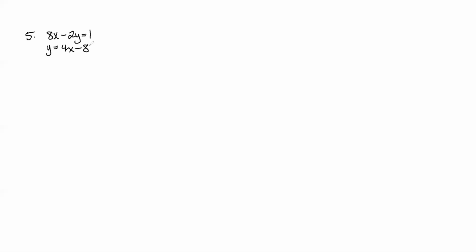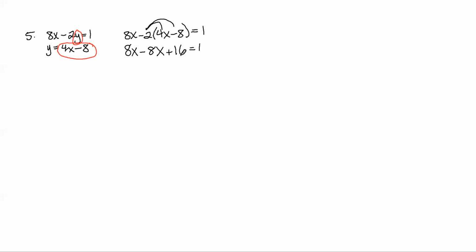So I'm going to take the 4x minus 8 and substitute it in for y in that first equation. So we get 8x minus 2 times 4x minus 8 equals 1. Distribute: 8x minus 8x, and negative 2 times negative 8 is positive 16, equals 1.